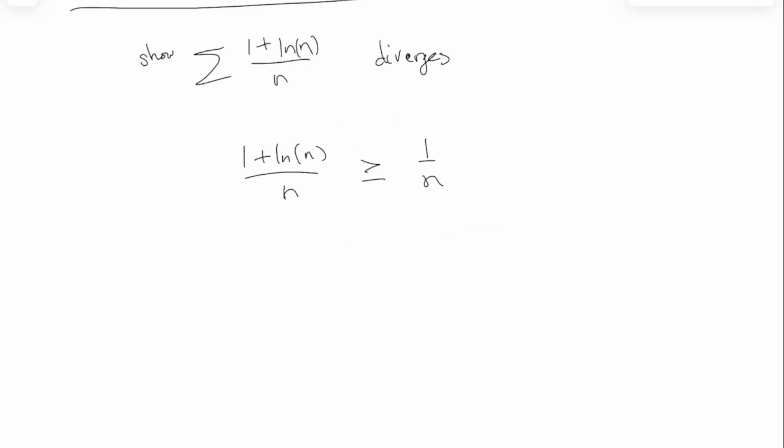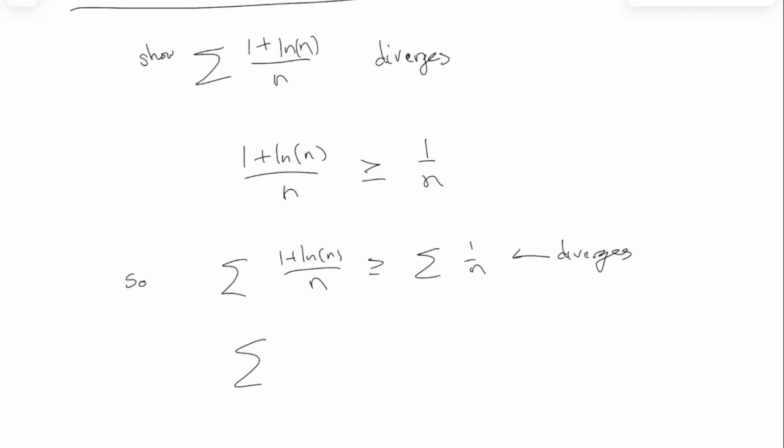But the one on the right, we know this is going to diverge when we put it in a series. So it'll say the series 1 plus ln n over n is greater than or equal to the series 1 over n, and this diverges, right? That's what I saw everybody say.